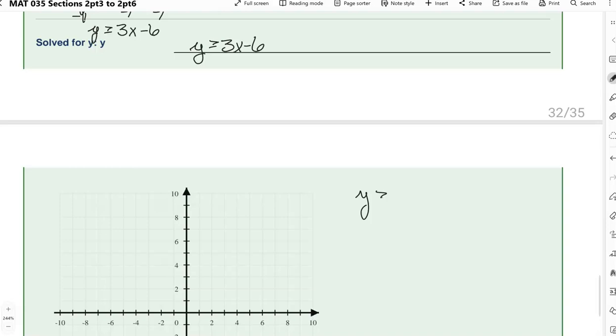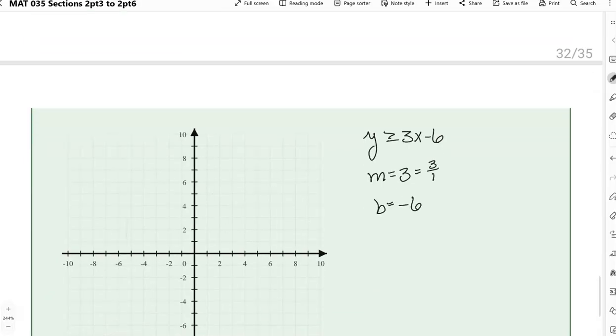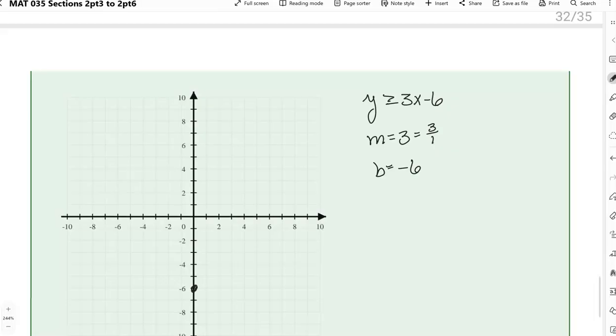So I'm going to write all that down here beside the graph. So what is your slope in this one? The slope's going to be 3, which we're going to view as 3 over 1. And the y-intercept is going to be -6. So I'm going to start at -6, and I'm going to move up 3, right 1.